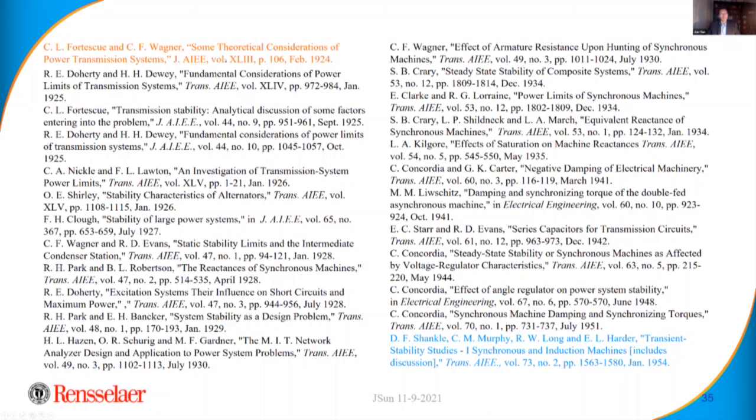Right? So the first paper I can find, theoretical considerations of power transmission system. That's the first time people talk about stability of power transmission system when you interconnect generators. So it started in 1920, and in about 20 years, most of that became mature. By 1940, at latest by 1950, it's done.